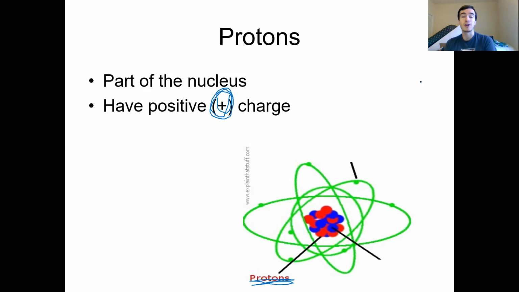So the protons are what's responsible for the positive charge in an atom. And so this one is pretty easy to remember because P is for proton and P is for positive. So protons are positive and they exist as part of the nucleus. So they are in this big bundle of particles right here in the middle. So protons in the nucleus, positively charged.